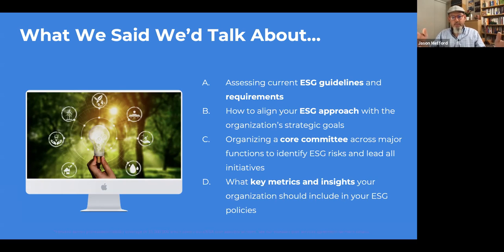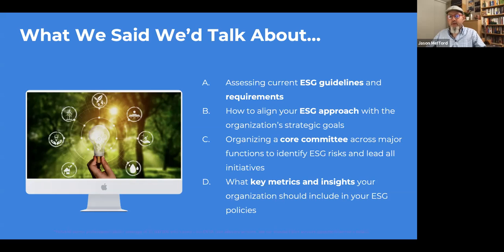I've listed those four up there as A, B, C, and D. A is assess current ESG guidelines and requirements. B is how to align your ESG approach with your organization's strategic goals. C is organizing a core committee across the major functions. And D is about key metrics and insights.